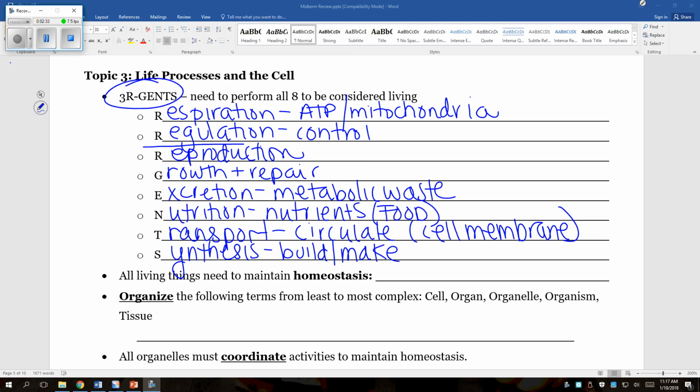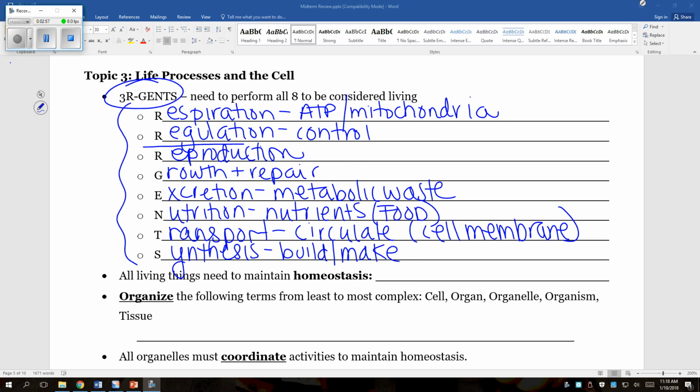Synthesis could include something like synthesizing ATP, meaning making ATP. It could include something like photosynthesis, where an organism is capable of making its own food. It could also discuss synthesis of starch, where you put simple sugar molecules together in order to make a larger molecule like starch.